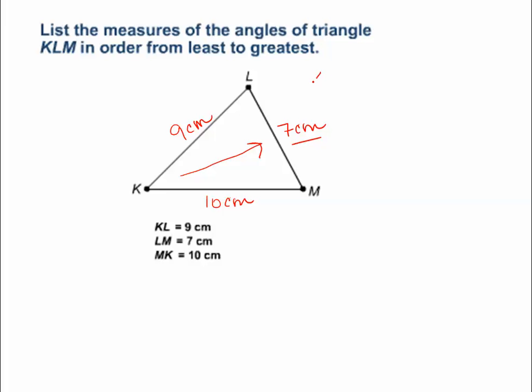So you're going to have angle K, whose measure is going to be smaller than angle M, who happens to be across from the middle side segment, and its measure is going to be less than the measure of angle L, which is the largest angle, opposite the largest side.